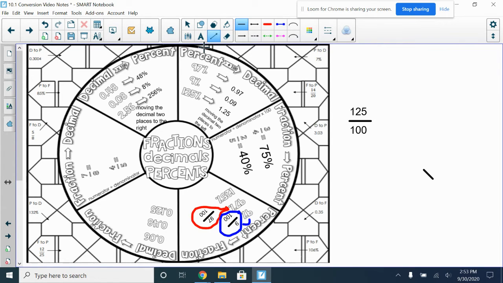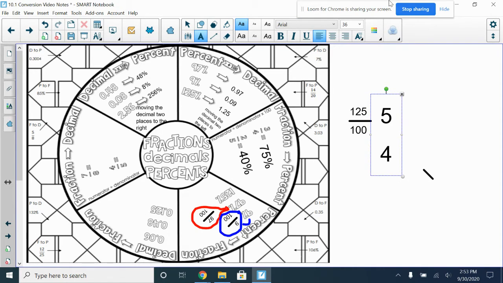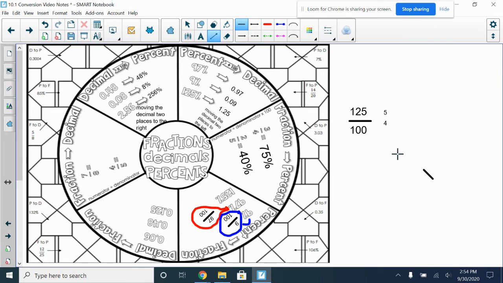I know that if I have $1.25, I have 5 quarters. So that equals 5 over 4, since $1 is 4 quarters. So simplified, it's 5 over 4 as an improper fraction, but we're going to turn that into a mixed number.